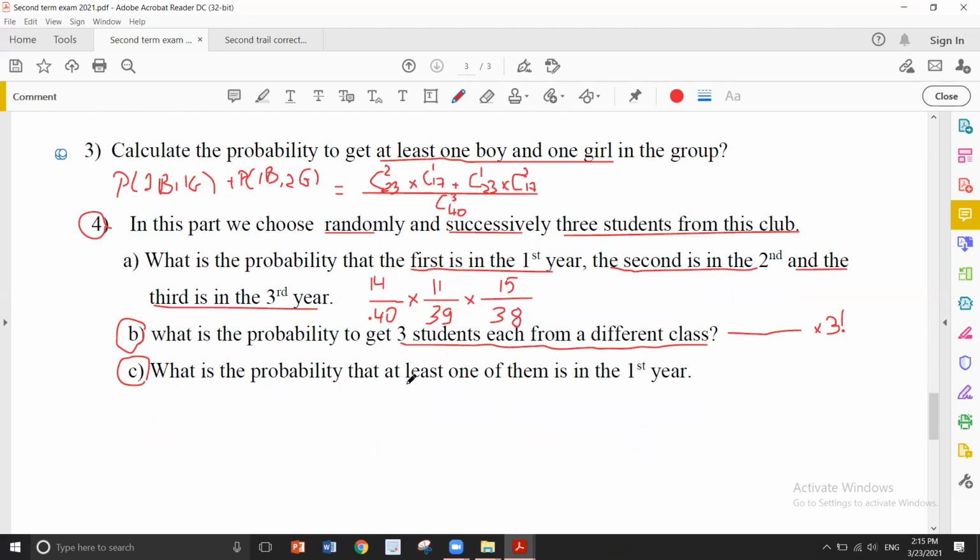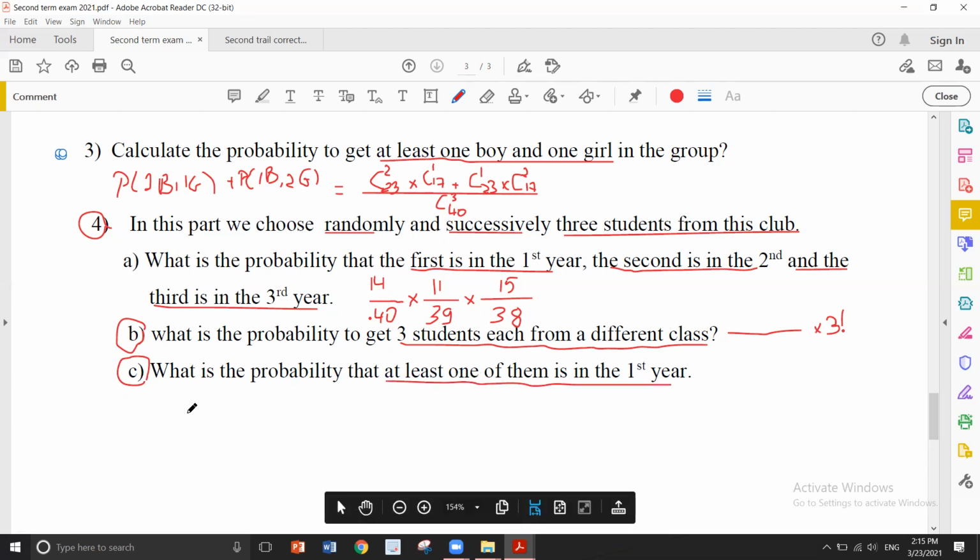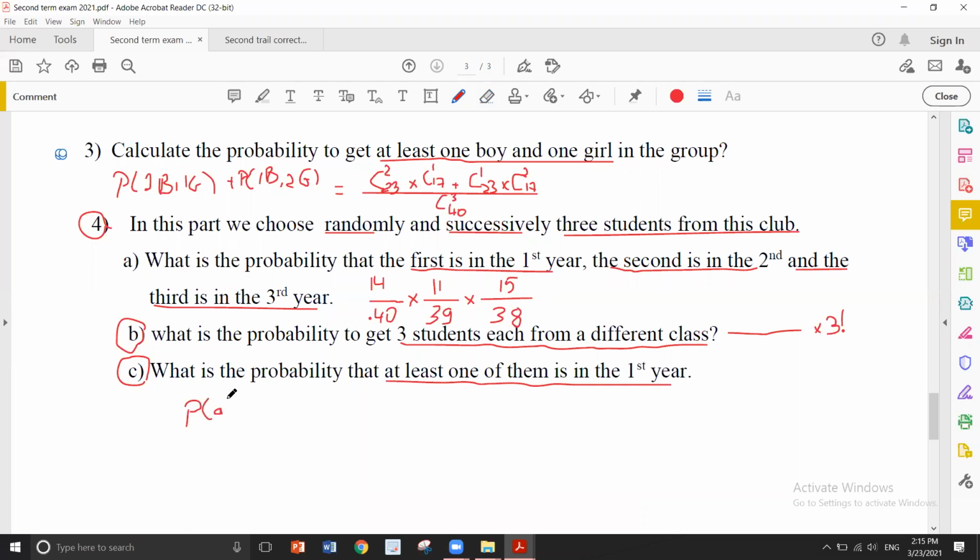The last one: what is the probability that at least one of them is in the first year? How do we work with at least one?